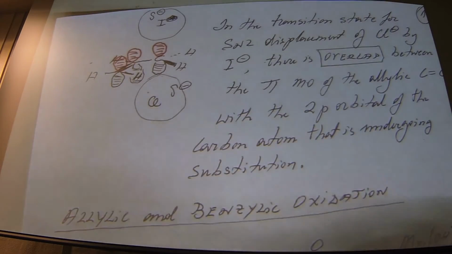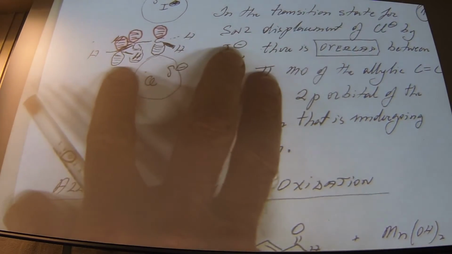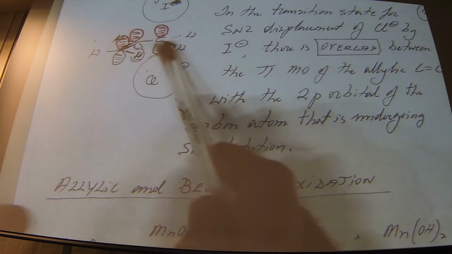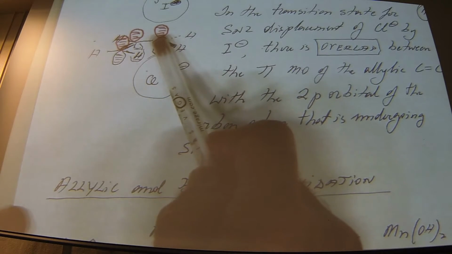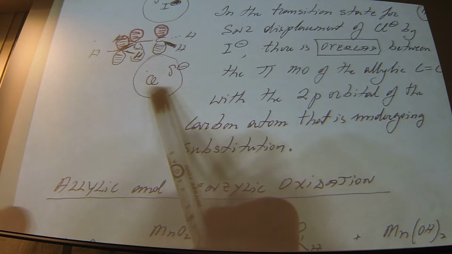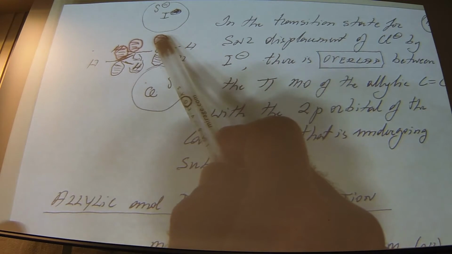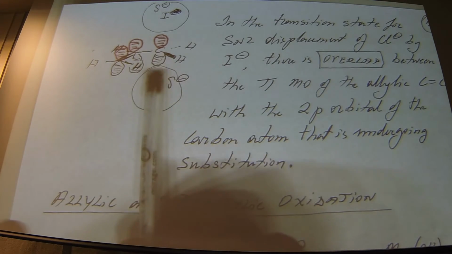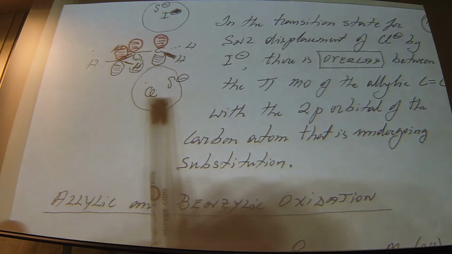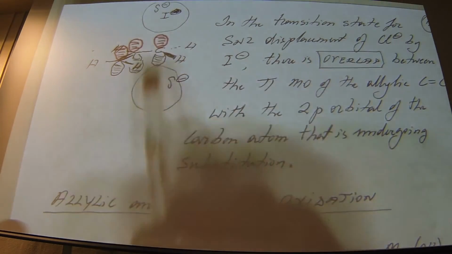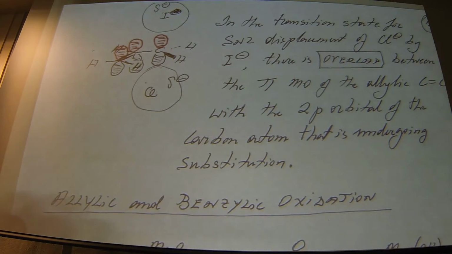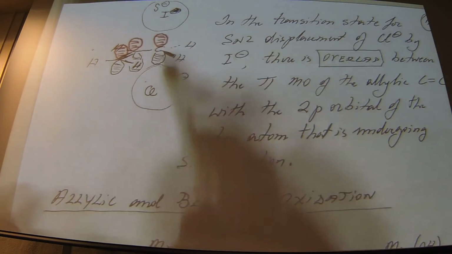I mean, there's nothing surprising there. So if you think about the allylic reaction, okay, so here's the allylic chloride. And I've shown sp2, sp2, and this is the carbon that was bonded to the chlorine. So the chlorine's starting to come off. The iodide, I minus, is starting to displace the chloride. And so in the transition state, you have a partially broken bond to chloride, a partially formed bond to iodide, and both of these atoms share some of the negative charge.